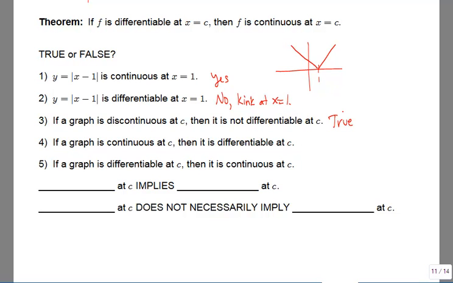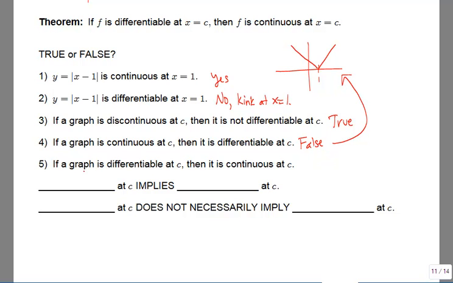Okay? How about if a graph is continuous at c? Will it have a derivative at c? So if a graph is continuous at c, then does it have to be differentiable at c? That is false. And a counterexample to that would be this graph right here. This is continuous at 1, but it doesn't have a derivative at 1.